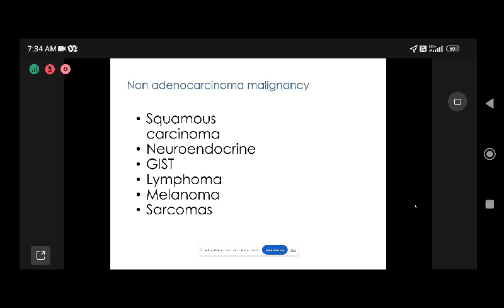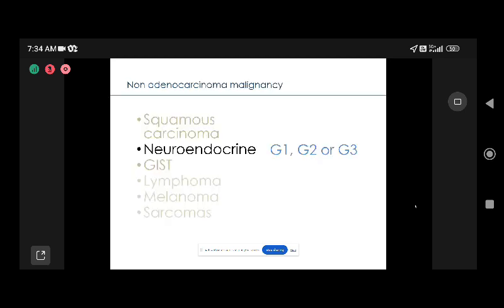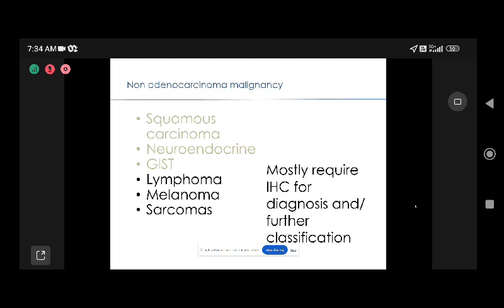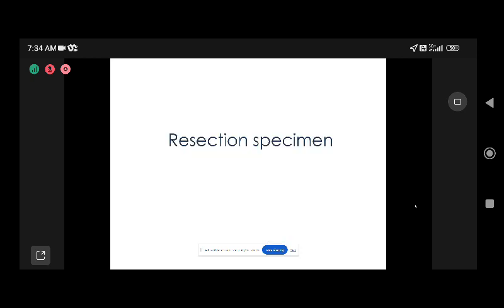So we need to be careful. It could be a neuroendocrine tumor, and then we have to grade it. We can also encounter GIST, lymphoma, melanoma and sarcoma. The diagnosis is absolutely crucial for management, so we need to use appropriate immunohistochemistry to make an accurate diagnosis, because in some conditions, especially lymphoma, you may not require surgery, whereas in a GIST, you may just require a sleeve resection, and so on.